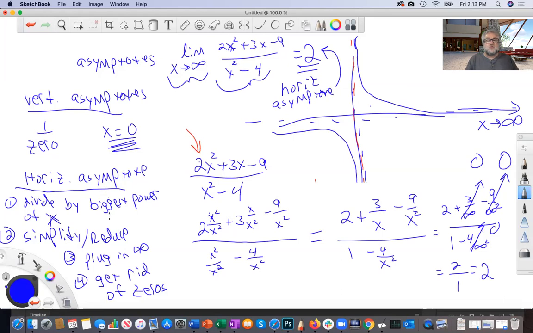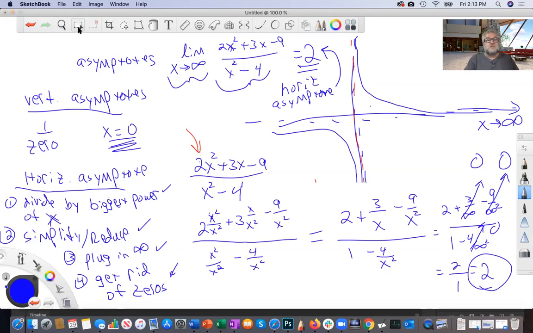The process for a horizontal asymptote is always the same: you divide by the biggest power of x, you simplify and reduce, you plug in infinity, and then you get rid of the zeros. If you do those 4 steps, you'll always end up with something over here.